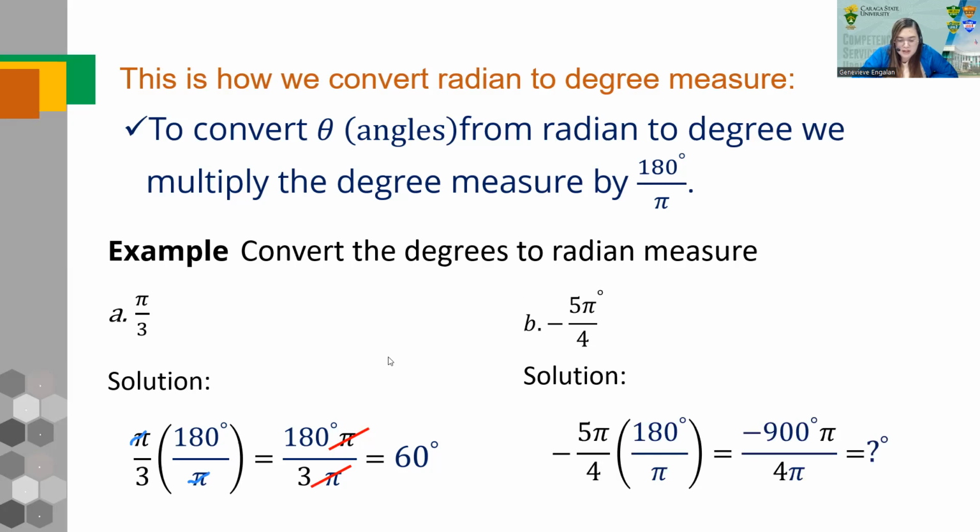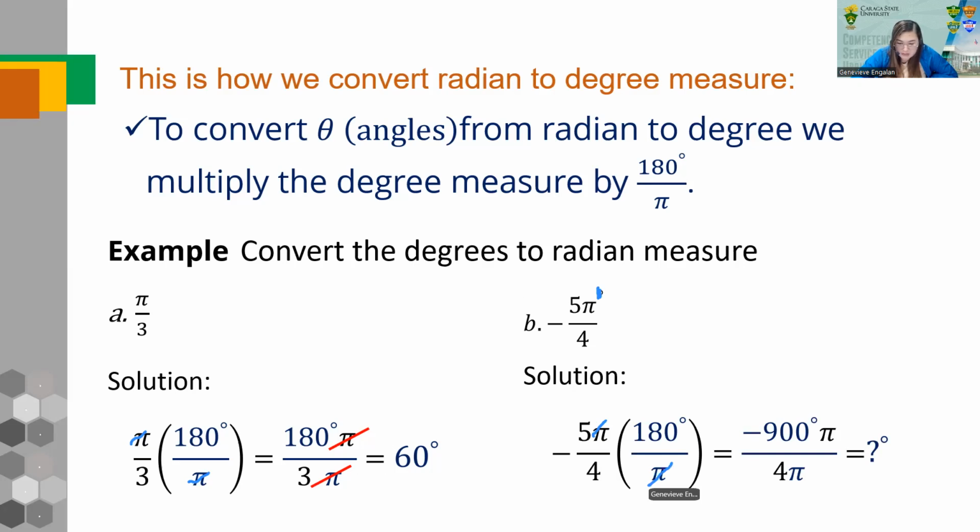We also have here negative 5 pi over 4. There are no degrees here, so we just convert it to degrees. We can cancel the pi.